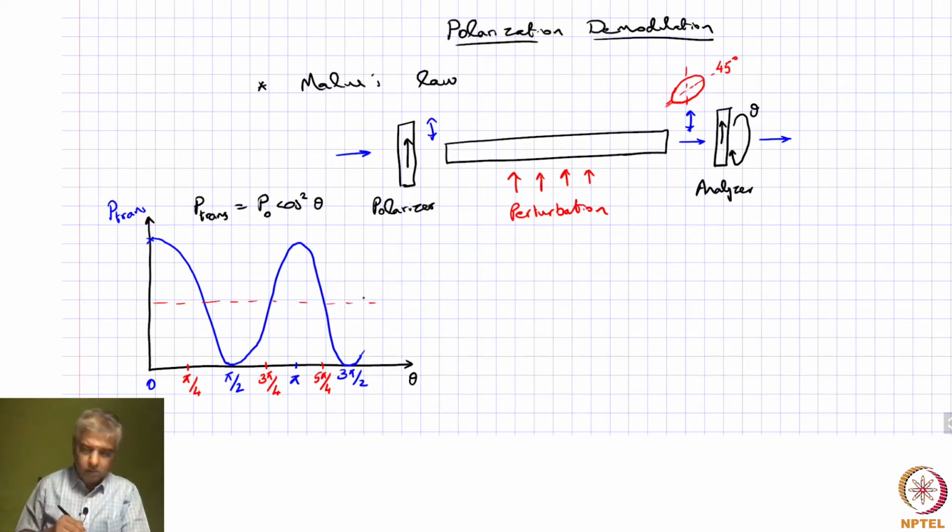If this is your average line, then you would go to a maximum here at pi by 4, then a minimum at 3 pi by 4, and then a maximum again at 5 pi by 4, and so on.